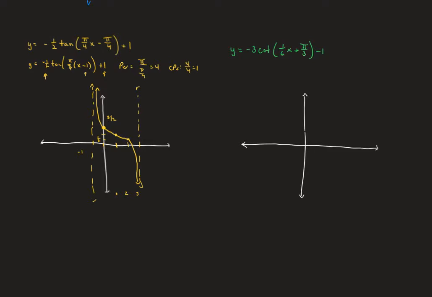So now in a similar fashion, we're going to look at our cotangent. So we're going to factor that 1/6 out, and when you divide by 6, you multiply by 6, that's going to be 2 pi. So our period is going to be pi divided by 1/6 is going to be 6 pi.